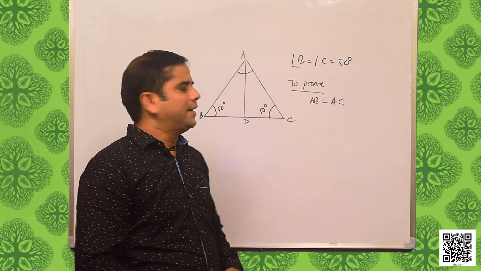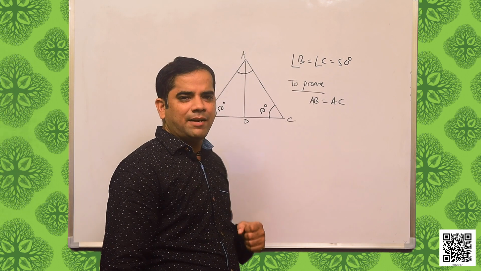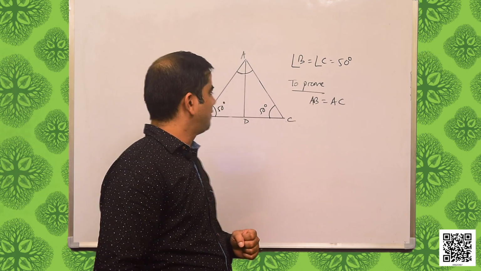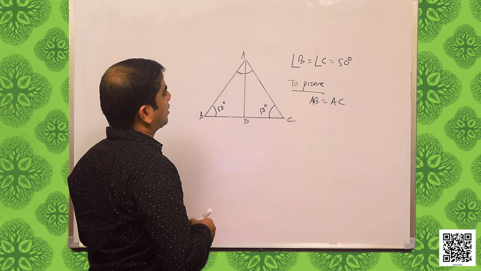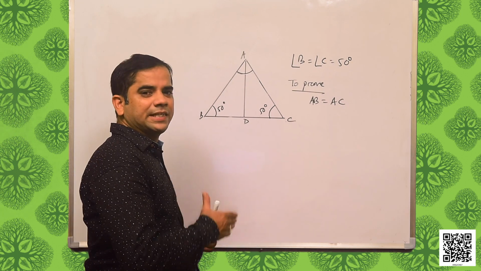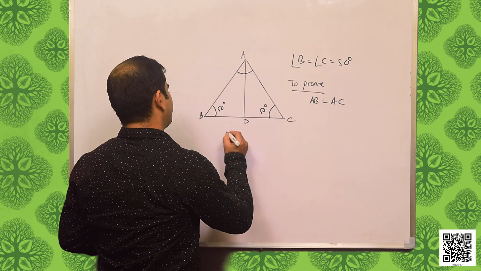So, let us try to prove that triangle ABD and triangle ACD are congruent. For that, let us construct the bisector of angle A, that is AD, which is intersecting side BC at D.